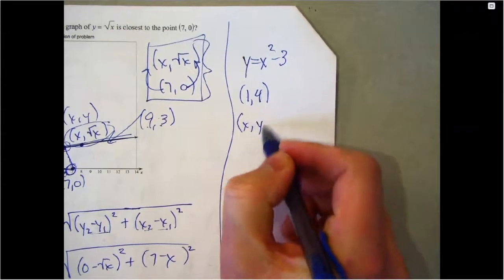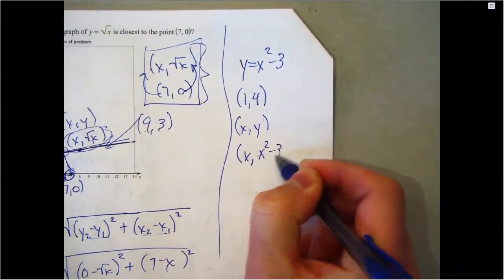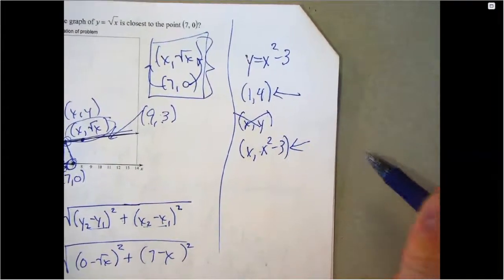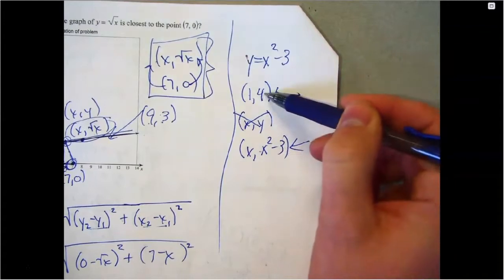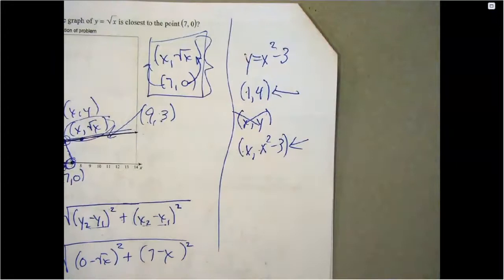The other is x comma y, but instead of y, what am I going to put? x squared minus 3. So I would do the distance formula with these 2 points. It'd be x squared minus 3 minus 4 squared, plus x minus 1 squared, and we'd square root that. Is that an understanding maneuver? Alright.